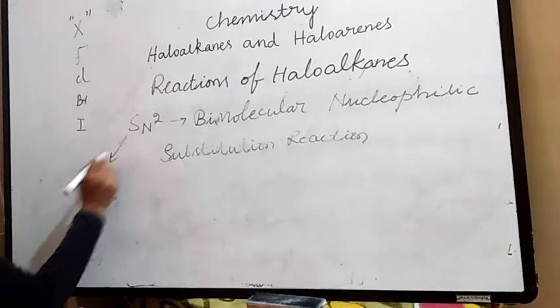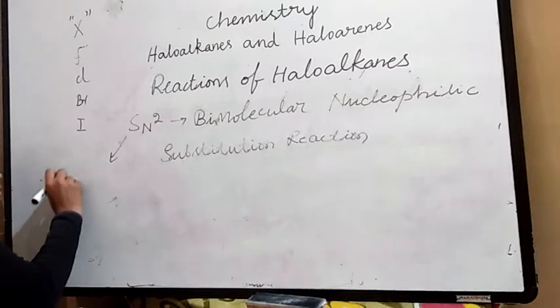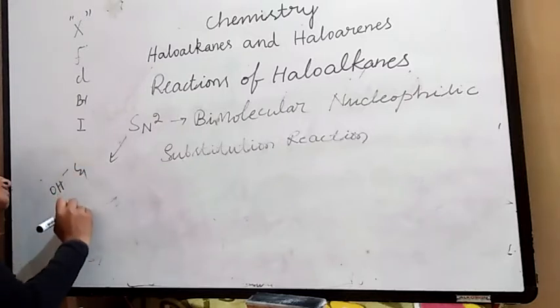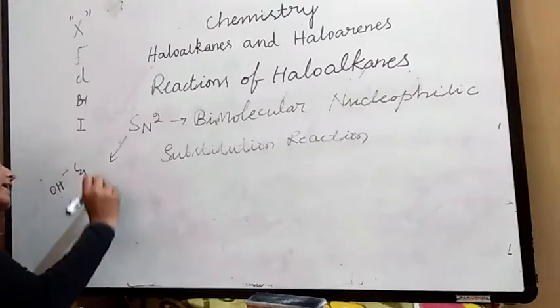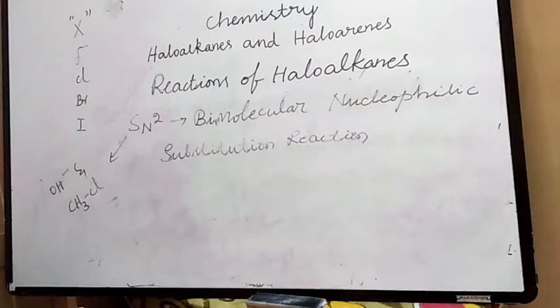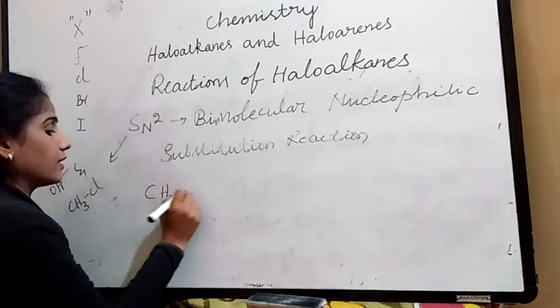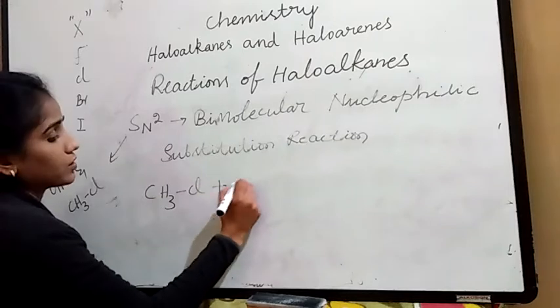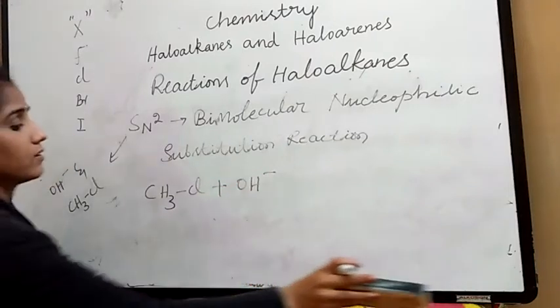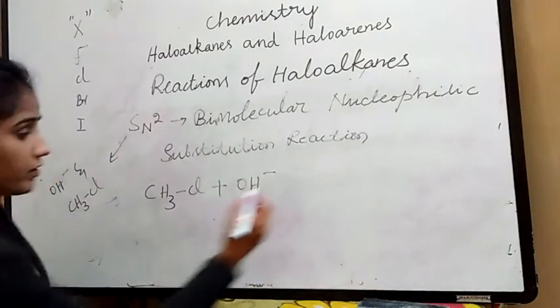Whatever they have given for SN2, the nucleophile is OH minus and the haloalkane is methyl chloride, right? So, when alkyl halide methyl chloride reacts with OH minus nucleophile, what will we get?